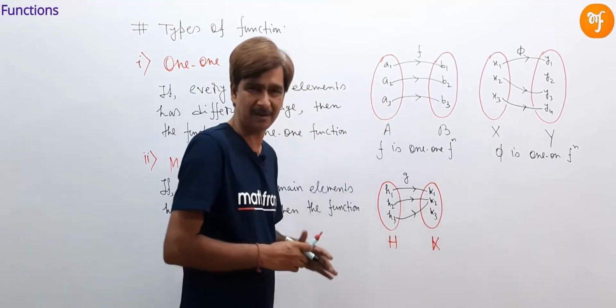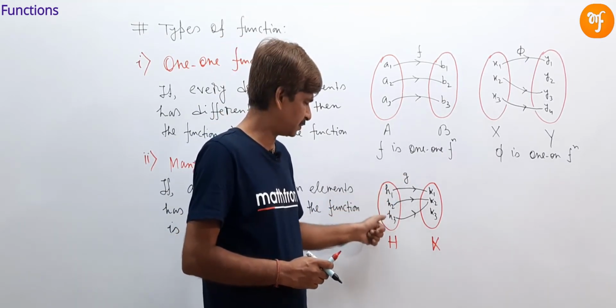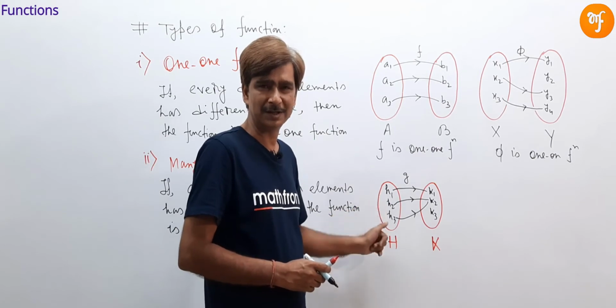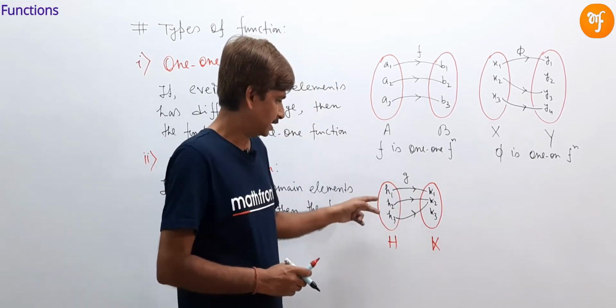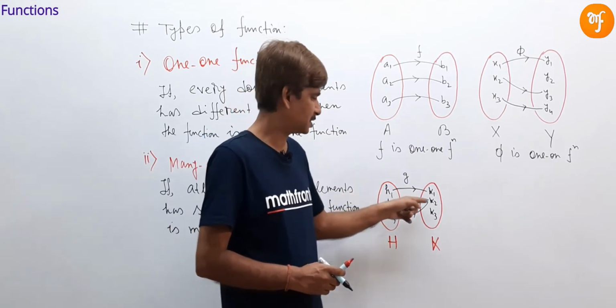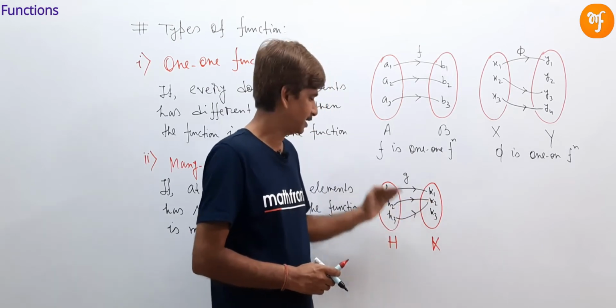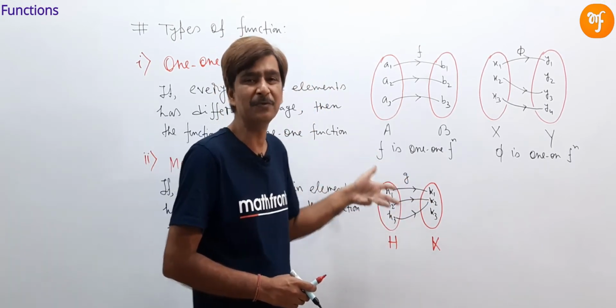So in this case obviously the relation G is a function. Why? Because each and every domain element, that is H1, H2, H3, has a unique image in the codomain K. But the domain elements H2 and H3 have the same image K2. So that is why here the relation G represents a many-one function.